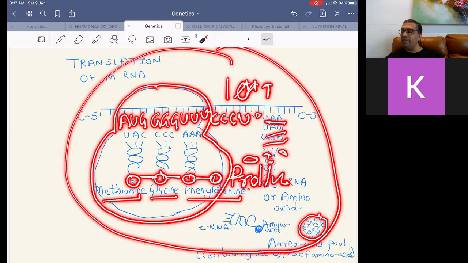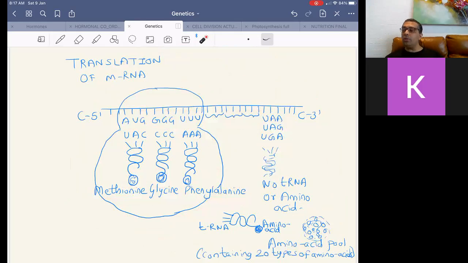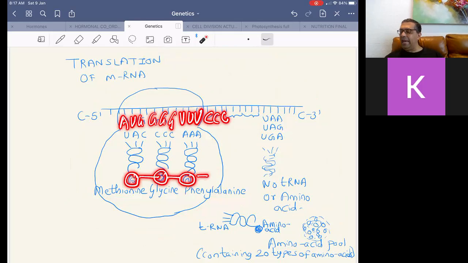So, what is the sequence of codons? AUG, GGG, UUU, CCC. What is the sequence of amino acid? Methionine, peptide bond, glycine, peptide bond, phenylalanine, peptide bond, proline, peptide bond, codon, amino acid, and so on.